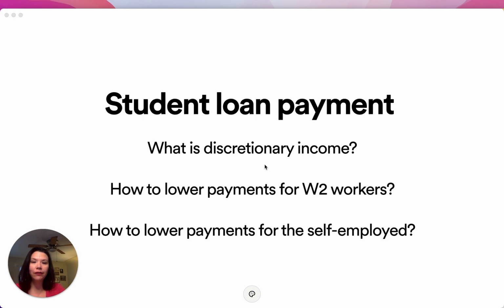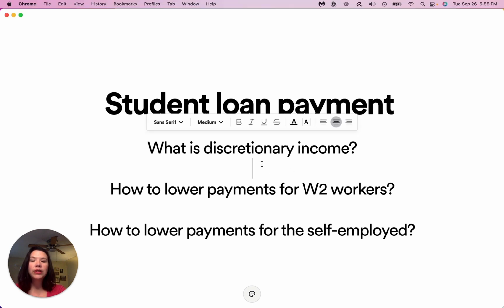So that's SAVE. So it will take AGI, adjusted gross income, minus a percentage of the poverty line. And the reason I'm putting a percentage is because Biden's SAVE program will take 225%. Other programs will take 150%. So the government has deemed your basic needs at 150 to 225% of the poverty line.